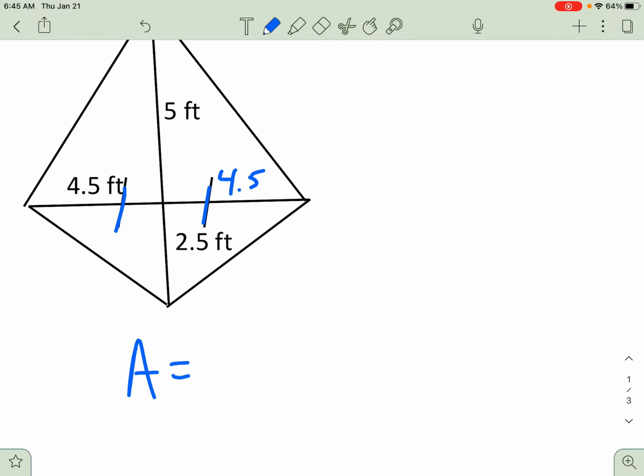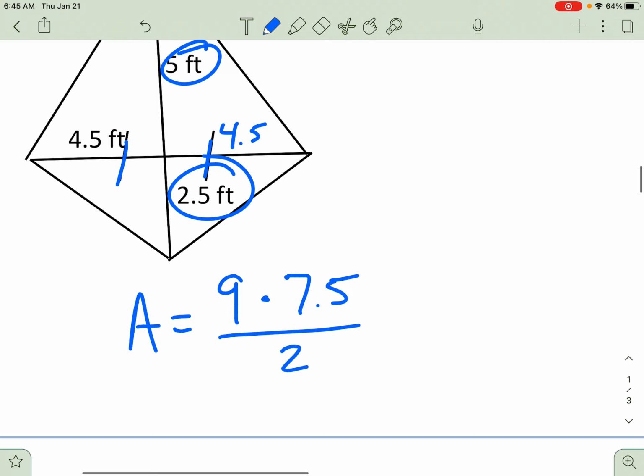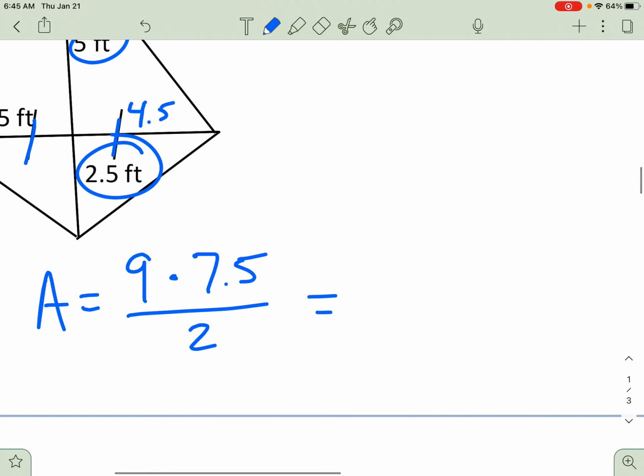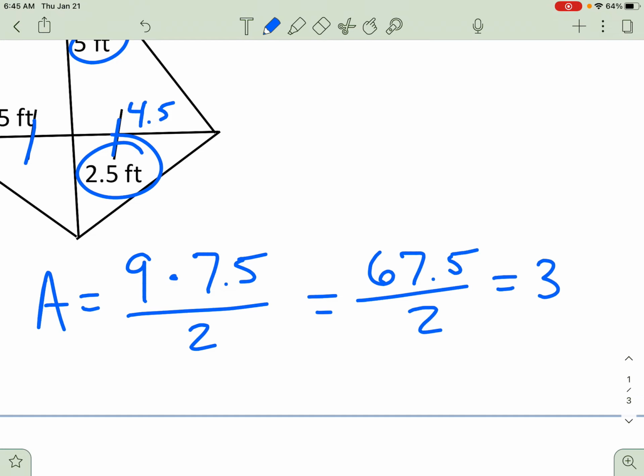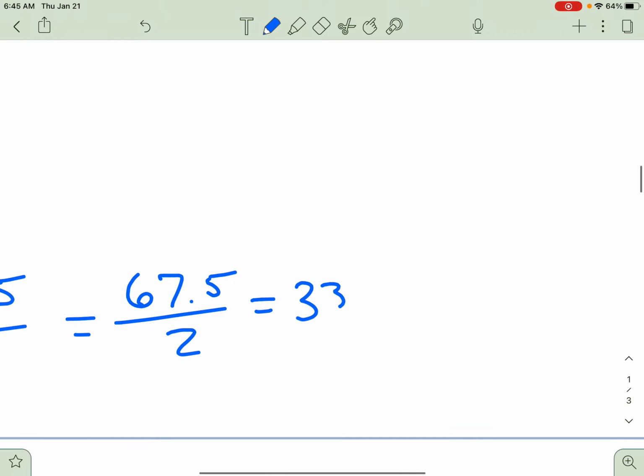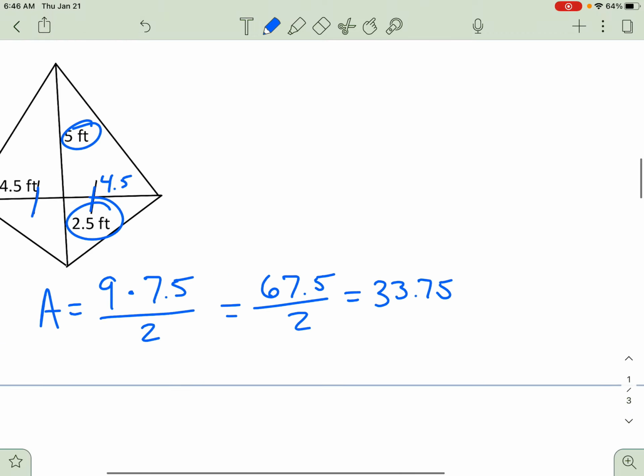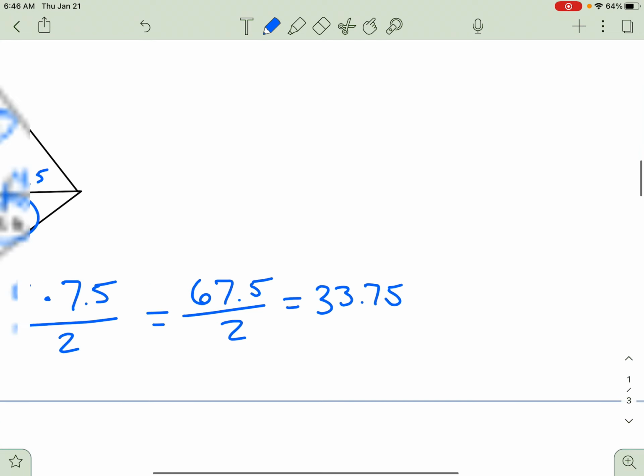But area is going to be 4.5 plus 4.5 gives you 9, times 5 plus 2.5 gives you 7.5, divided by 2. 9 times 7.5, I don't know that off the top of my head. 9 times 7.5 is 67.5, divided by 2, which is 33.75.